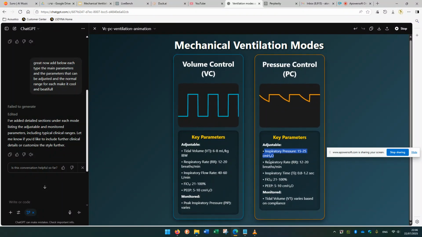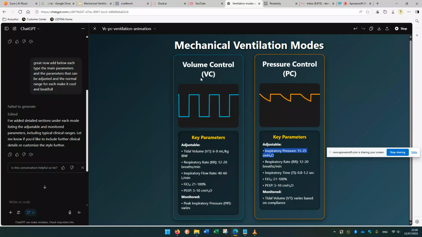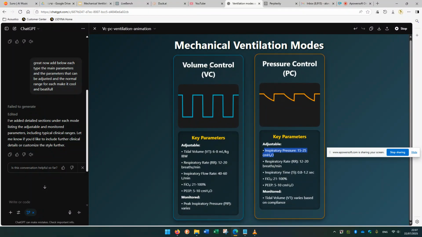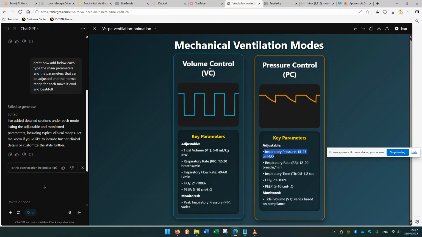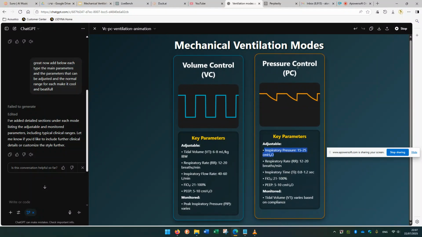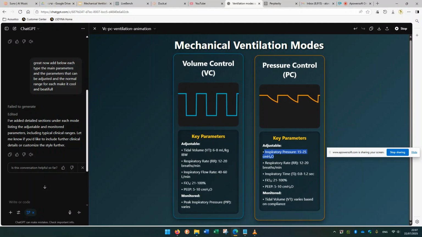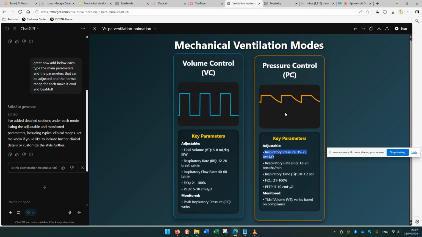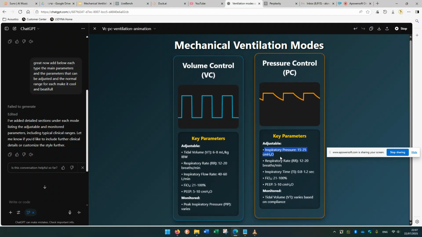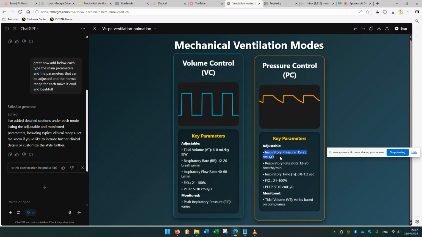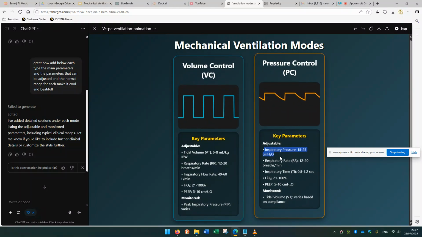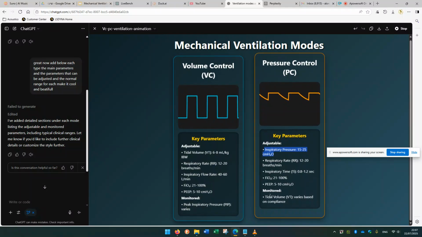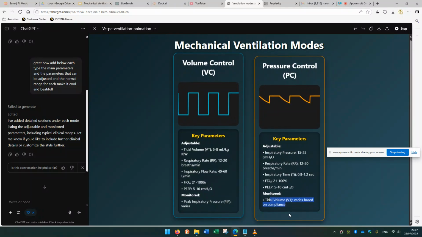Think about it: I can give a volume that for any other normal patient will be okay, but in a patient with very stiff lungs, this volume will get us to a very high pressure. So in pressure control, I know what the pressure will be, and according to the lungs of the patient, the volume will be. It can be high, it can be low, I don't know. I need to monitor the tidal volume that the patient will get.